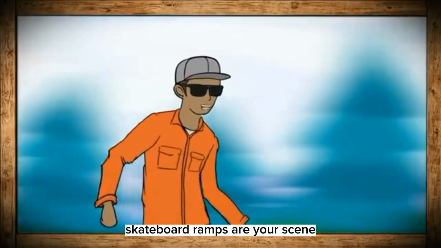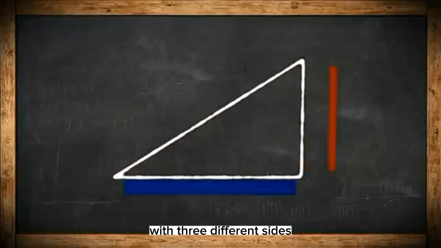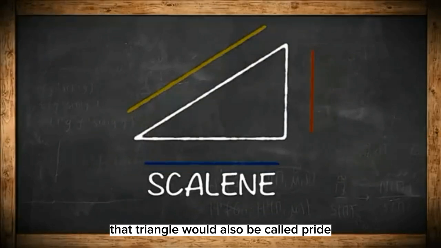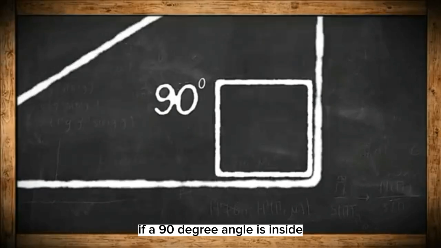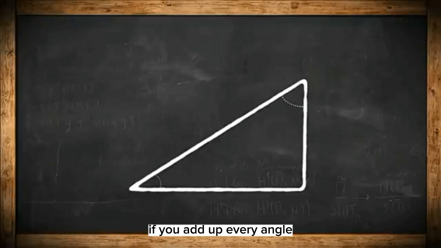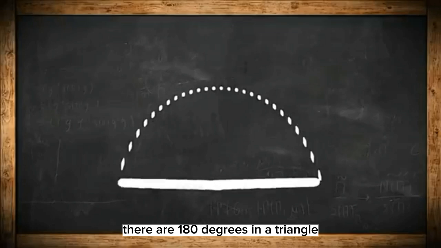Skateboard ramps are your scene, with three different sides they're called scalene. That triangle would also be called right if a 90-degree angle is inside. If you add up every angle, there are 180 degrees in a triangle.